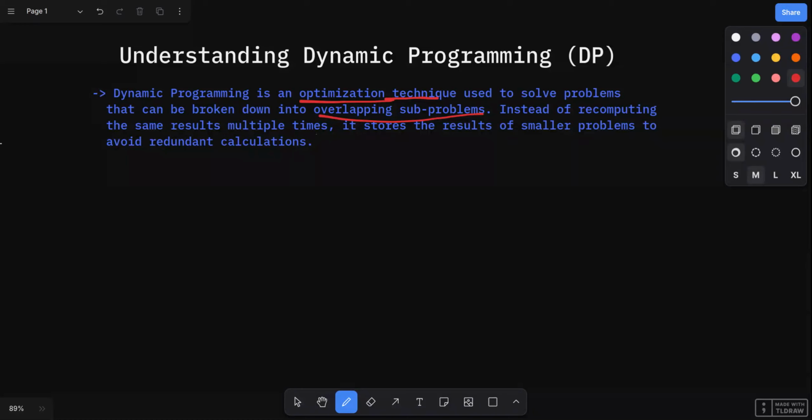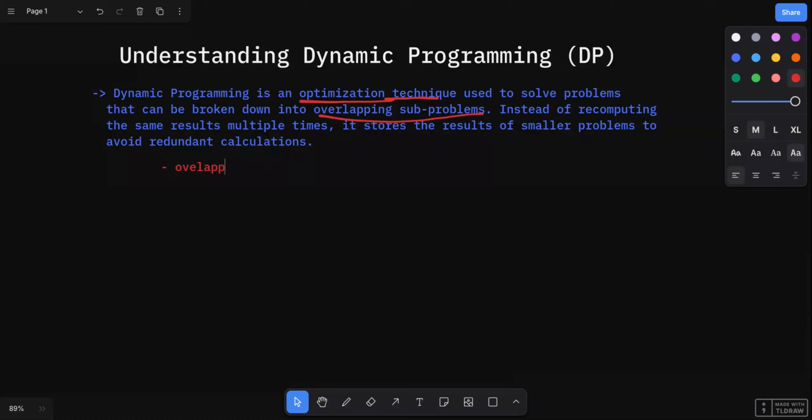All right. So now that we've understood basically what DP is, the next really important question that comes up is, when can we use dynamic programming? Dynamic programming is useful in two important cases that we've already highlighted from the definition. First, it's useful when the problem has overlapping subproblems.